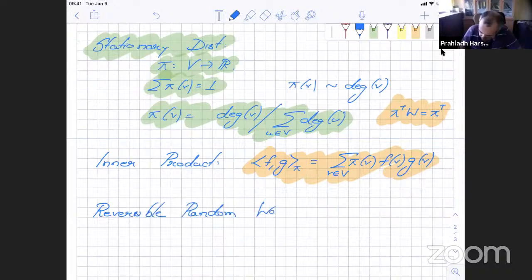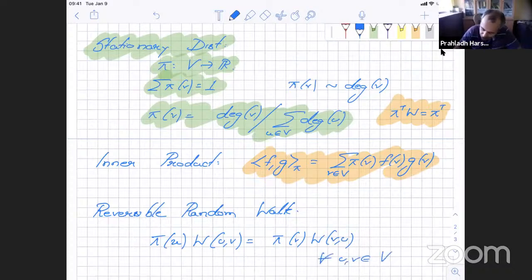Which states that pi(u) W(u,v) is the same as pi(v) W(v,u) for all vertices u, v. This is sometimes called the detailed balance condition, the time reversible condition, or whatever. These are multiple names for this.